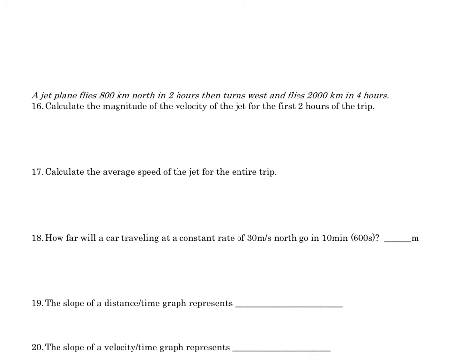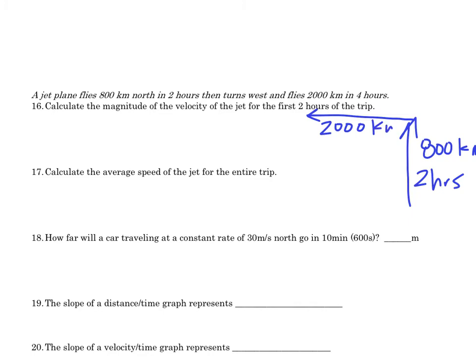So I'm looking at a path of 800 kilometers in 2 hours, and it's flying west 2,000 kilometers in 4 hours. I need to know the magnitude of the velocity for the first 2 hours. So it only wants to know the velocity during this section, during the first 2 hours.